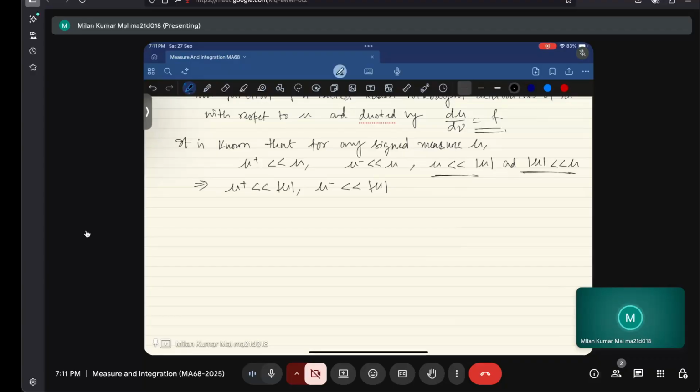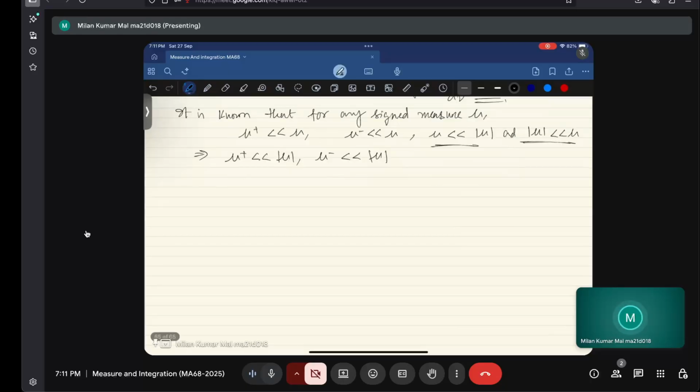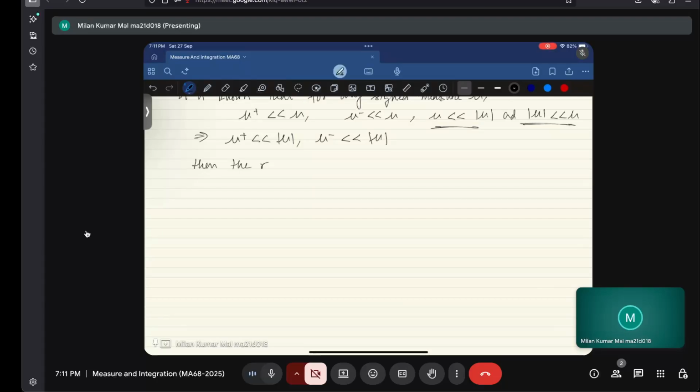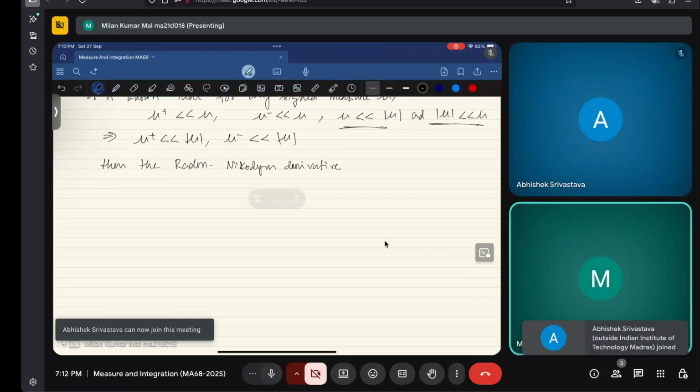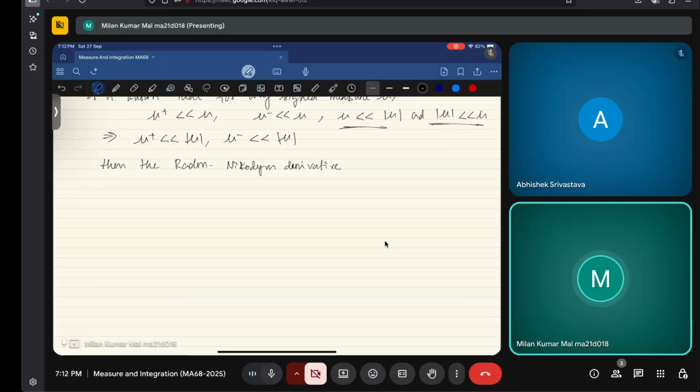So if these two happen, then one can say that the Radon-Nikodym derivatives d mu plus by d mod mu and d mu minus by d mod mu exist.